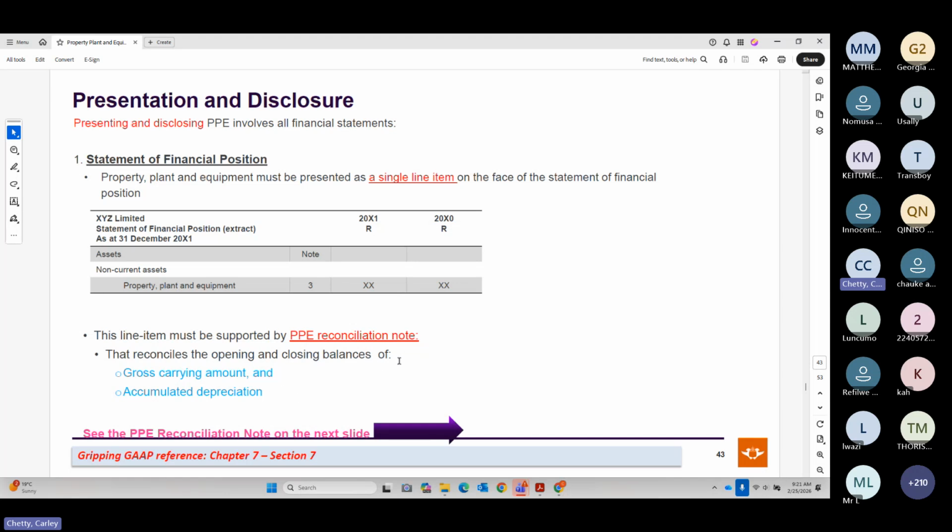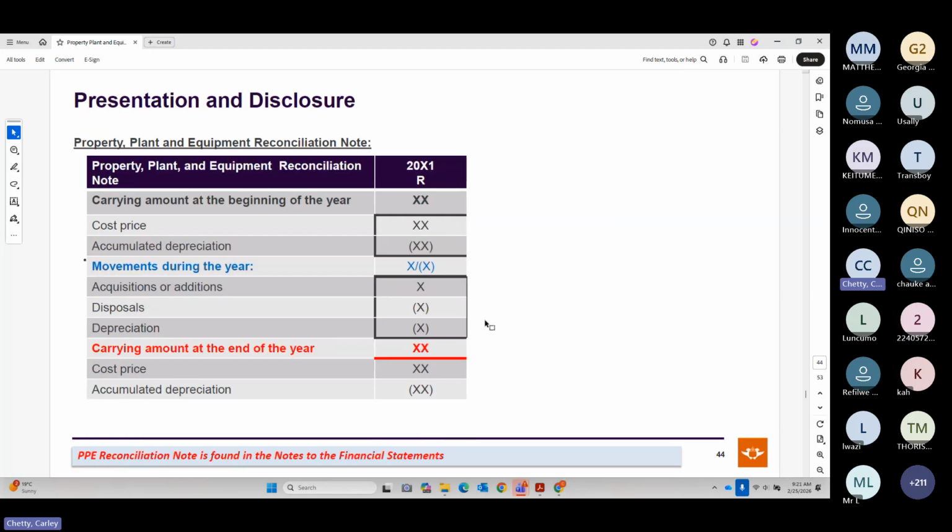So remember that property, plant, and equipment note we covered in your practical, the one with the opening balances and the movements for the year and the closing balances. This is the note that must be referenced when we look at the property, plant, and equipment note as a line item. So let's have a look at the property, plant and equipment reconciliation note on the next slide.